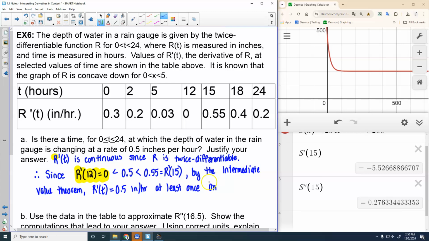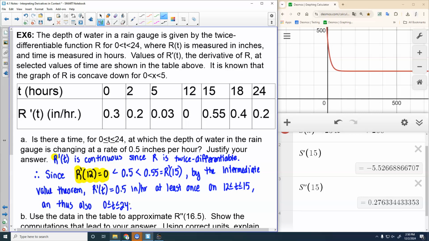Alright, at least once on, technically right here, it'd be 12 less than or equal to t less than or equal to 15, and I would put, and thus also, 0 less than or equal to t less than or equal to 24, since that is part of that interval.